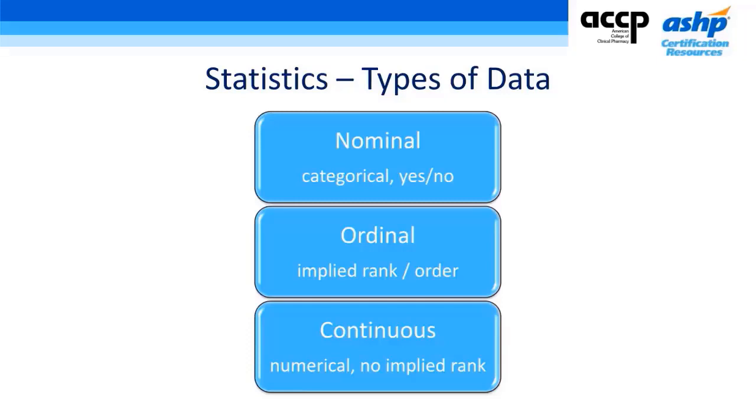Now, for continuous, you're thinking more of a numerical value with no implied rank or order. So, for example, blood pressure, that is a type of continuous data because we have all of the numbers for systolic blood pressure and diastolic blood pressure along the continuum.